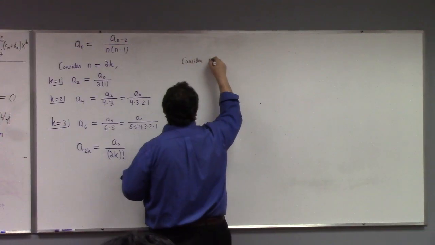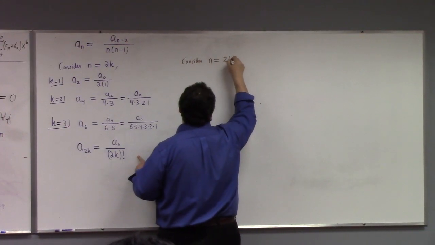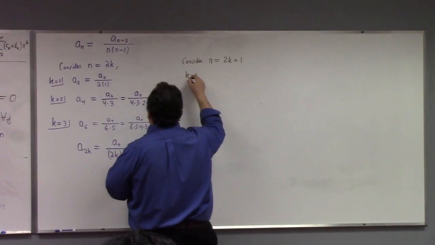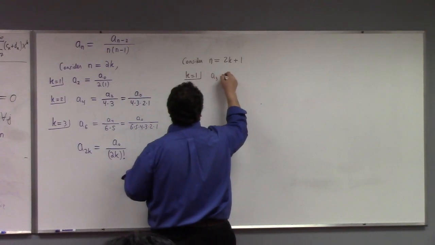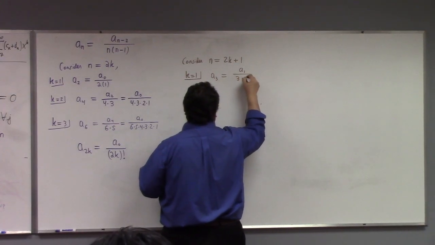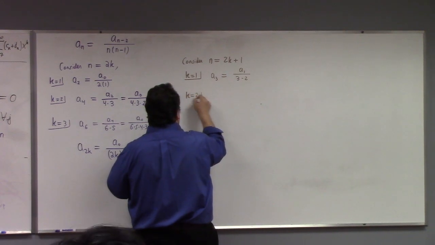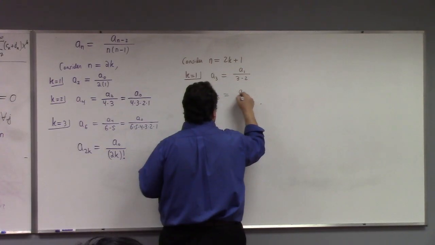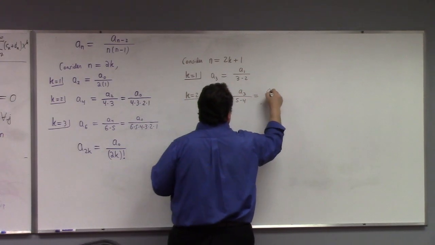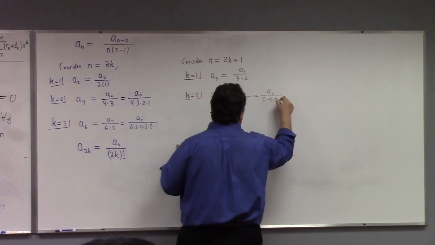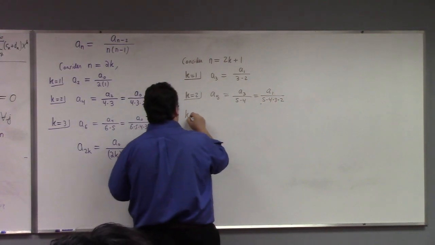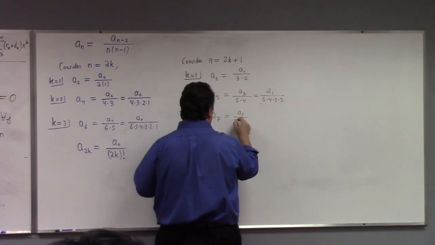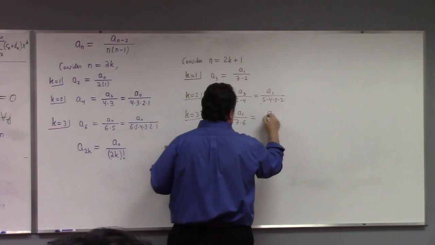So if we look at n equals 2k plus 1, with k equals 1, that gets me a_3 equal to a_1 over 3 times 2. Then k equals 2 gives me a_5 equal to a_3 over 5 times 4, which is a_1 over 5 times 4 times 3 times 2. K equals 3, a_7 is a_5 over 7 times 6, which is a_1.